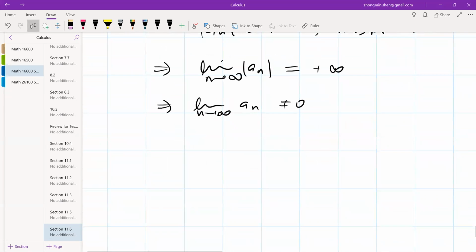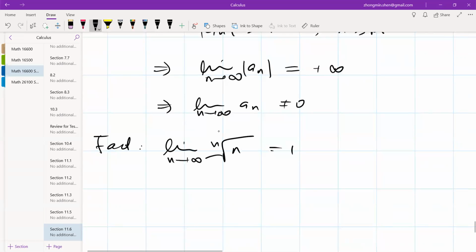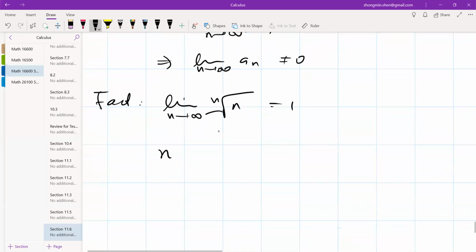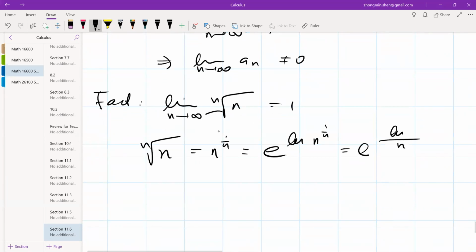All right, so let's go back to some problems. Here's an important fact: as n approaches infinity, the nth root of n is going to be 1. How do you know that? We use this fact: e to the natural log of n to the 1 over n is e to the (1/n) natural log n.